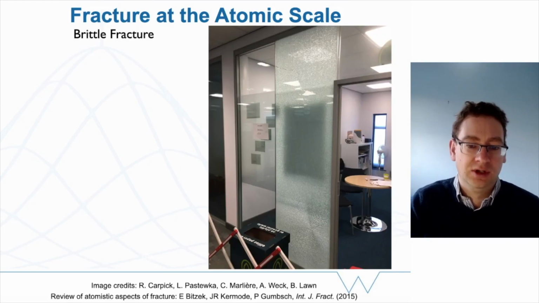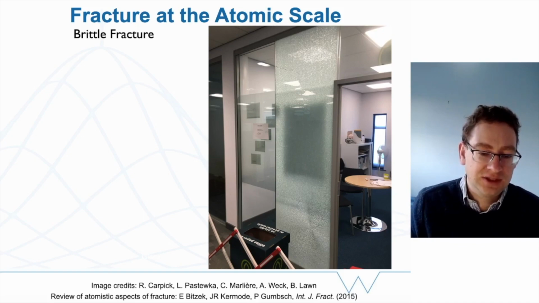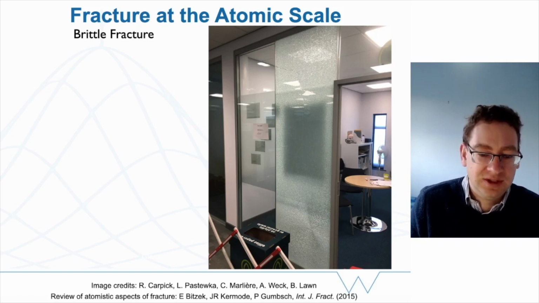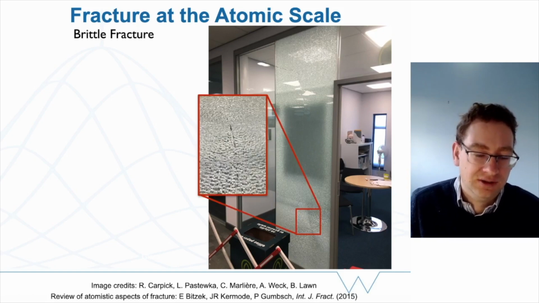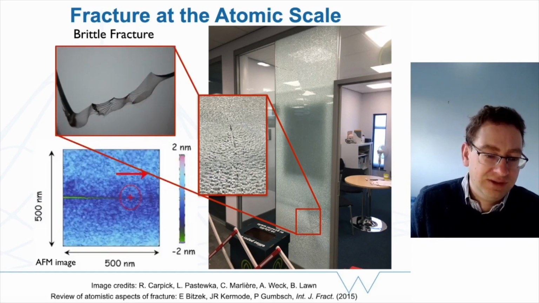So let's look a bit more at what's going on when something breaks. This is what I found when I came into my office a few weeks ago. A massive crack through the glass wall. You can see that it's really broken up into tiny pieces. If you zoom in on those individual cracks, then what you'll find is that they're really sharp, and you can actually zoom in right down to the atomic scale.